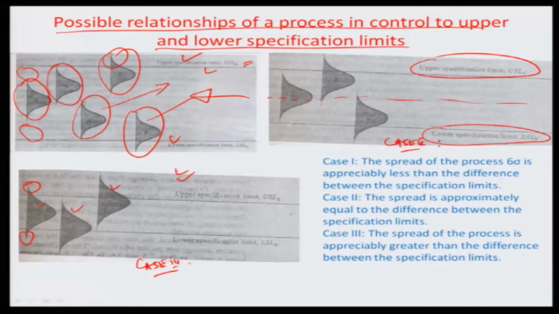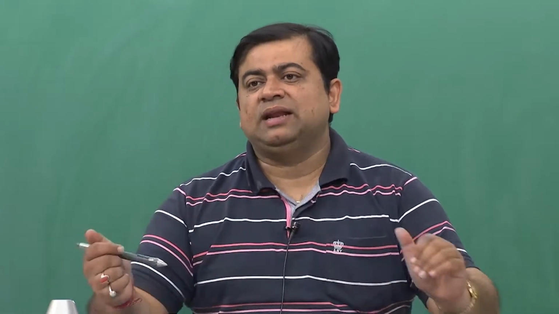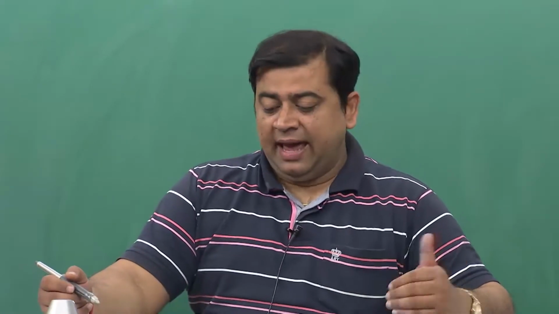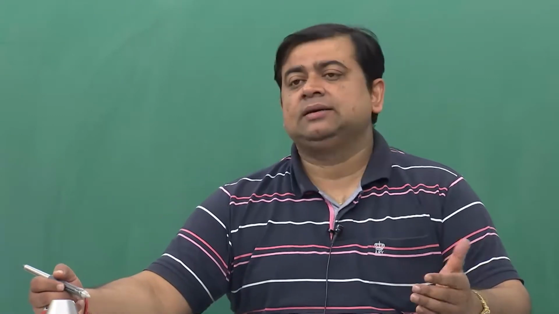And in case you have case 2 or case 3, then you have to either consider revising these specification limits, which is related to a change of the design specs, or alternately do something to enable your machinery so that your process control becomes tighter, it can be centered over the mean, and the spread can be less. So, these are some of the interpretations that you can have from all the control chart experiments that you have done.